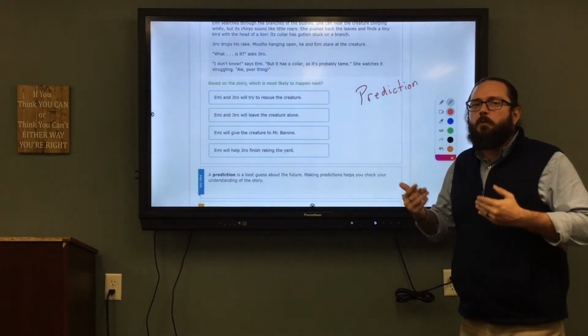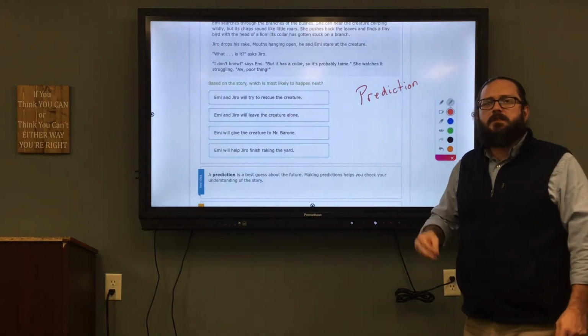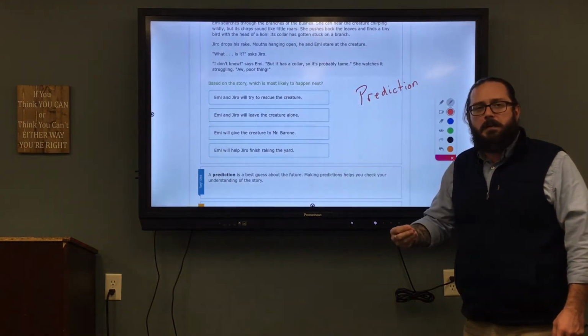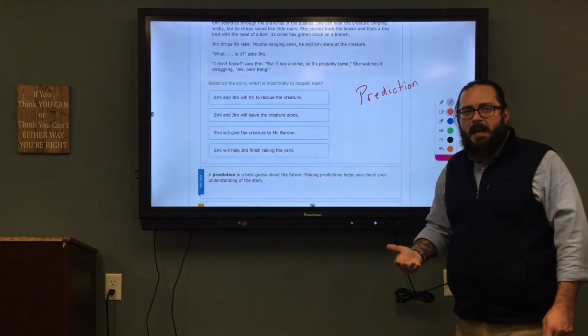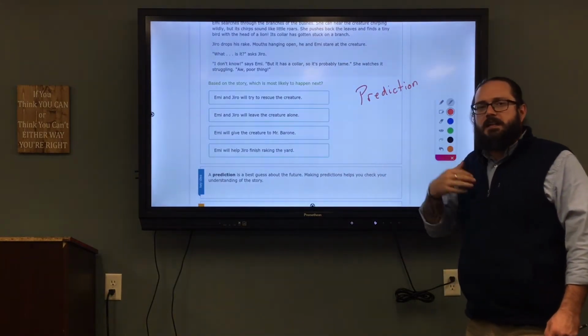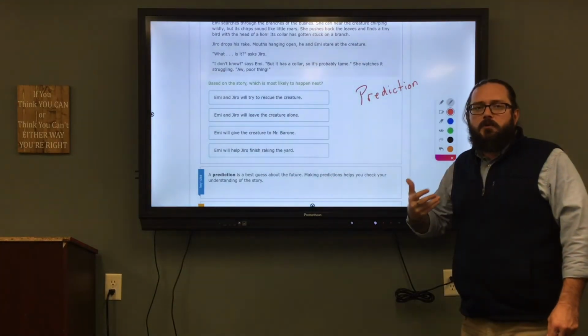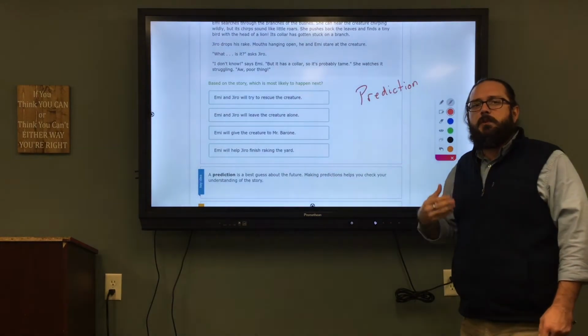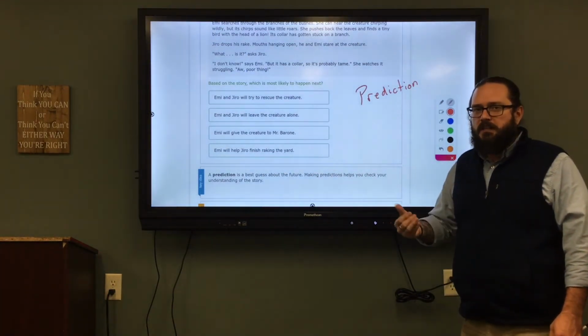What do you think will happen next? We can make predictions based on details within the story to help us determine what we think will happen. And as we learned in the last lesson, we will use our background knowledge and our personal experiences to help us make those predictions about what we think is going to occur.